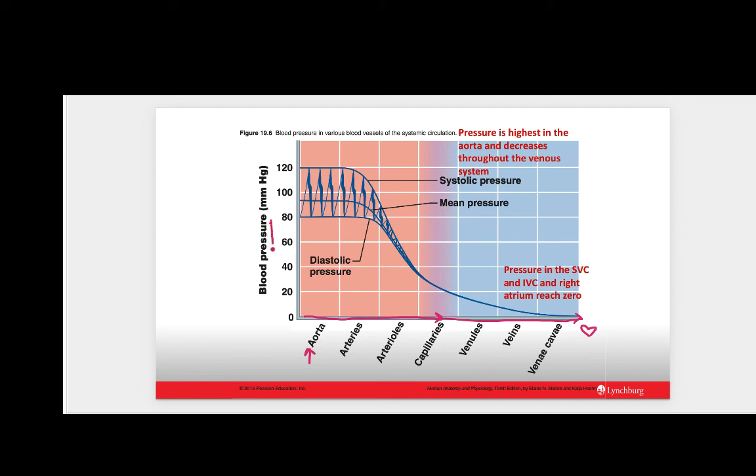Here's blood pressure. If you look at the aorta, this is basically the highest point of pressure in our cardiovascular system, and we see this fluctuation because this is pulsatile. As the heart beats, it sends out these waves of blood into the aorta, and we see a peak in pressure, which is our systolic blood pressure, and then we see a low point in pressure, which is our diastolic blood pressure.